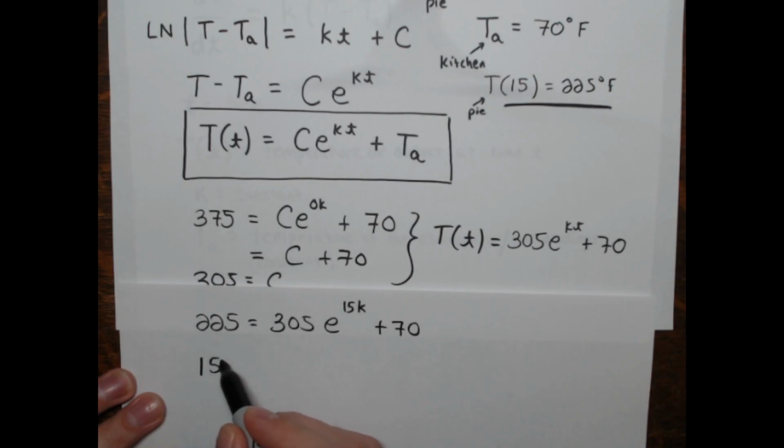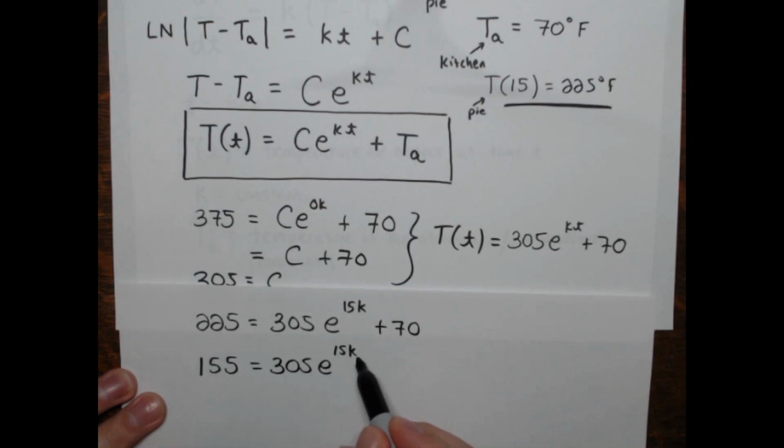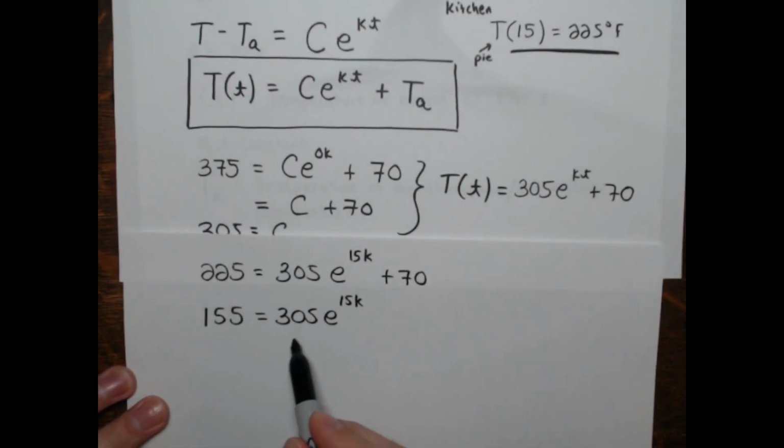I have 155 on the left equals 305 times e to the 15K. Divide by 305, right? So I'll have e to the 15K equals 155 divided by 305, but this will simplify.